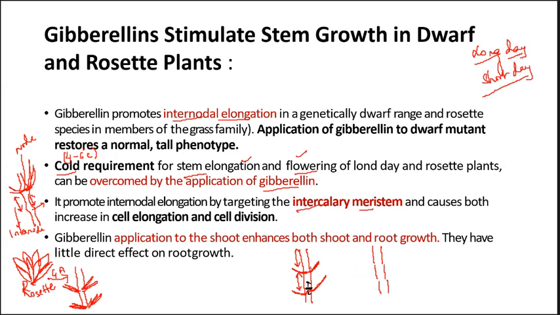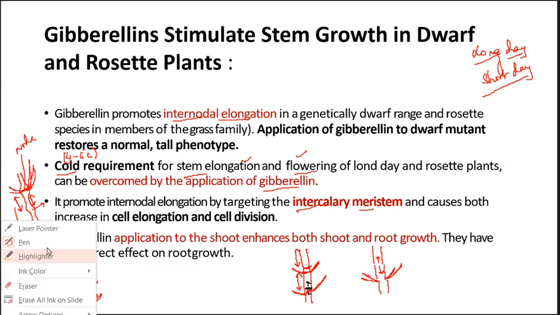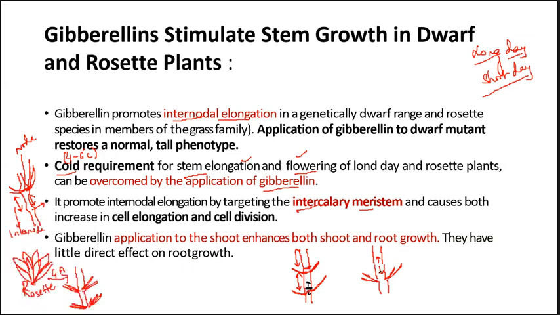If here it's an internode and here this is the intercalary region, what will happen? The upper part is also elongated and the lower part is also elongated. So intercalary meristem is present at the base of the internode. This was the internode and this was the intercalary meristem at the base.